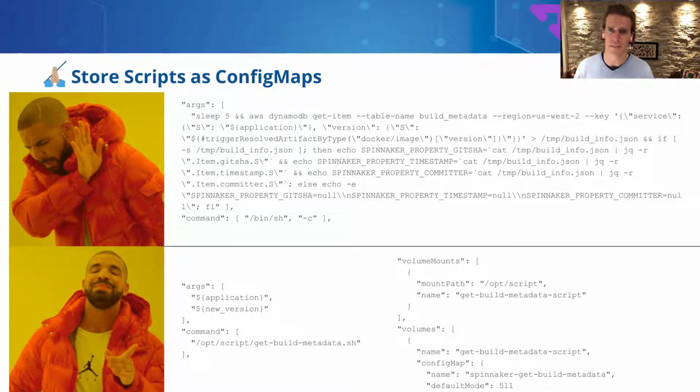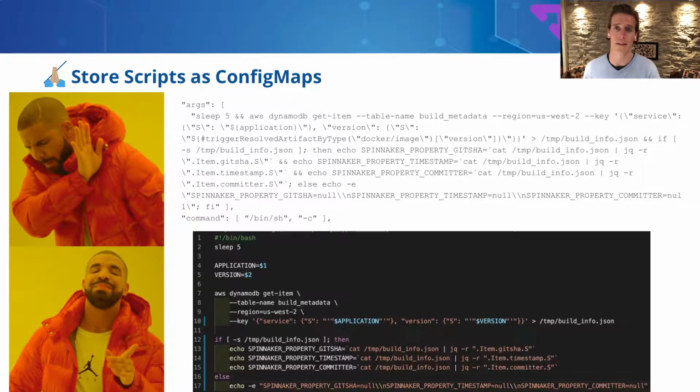And it was very difficult to read. So after we switched to using config maps instead, we realized a lot of benefits. Like the script was immediately much easier to read, especially with syntax highlighting. It made the Git reviews a lot better too. And we could also more easily test these standalone scripts on our local machines before we pushed it to Spinnaker.